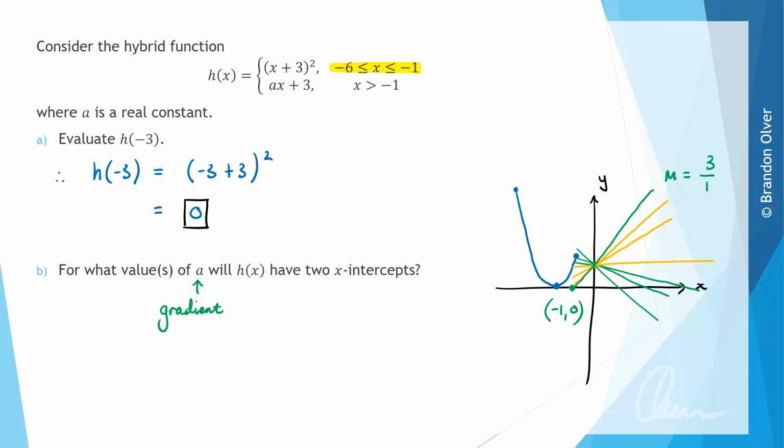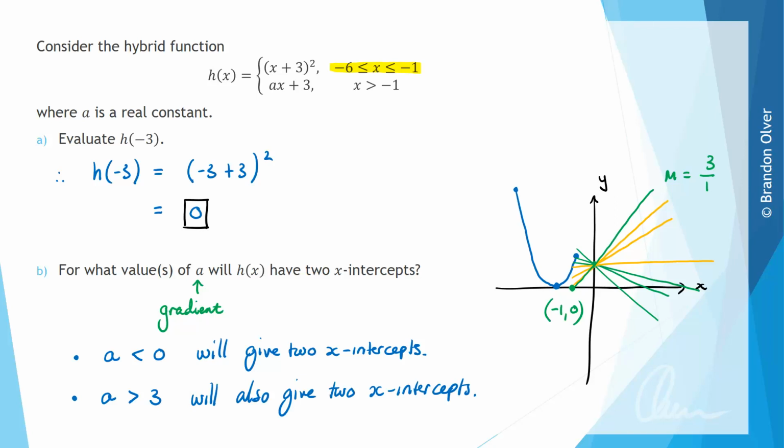So now we need to summarize what we've found. So we could have all a values being negative, so a being negative will give 2 x-intercepts. And then there's also a case of if a is greater than 3, so it's a nice positive steep gradient, it will also give 2 intercepts.